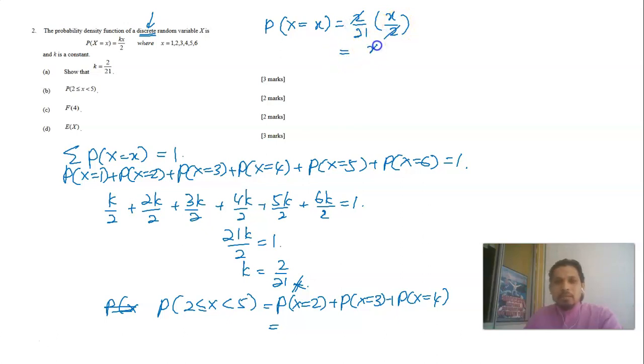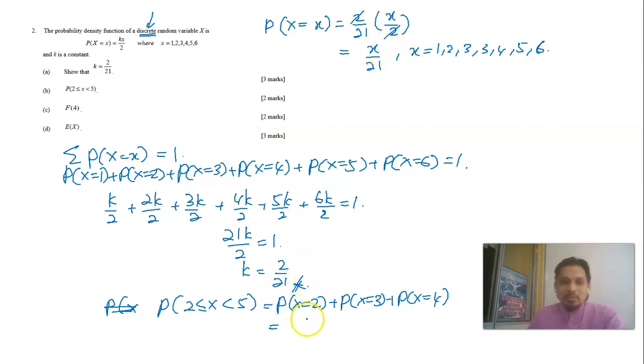So then it is now x over 21 for x equals 1, 2, 3, 4, 5, and 6. So we substitute the value of k, 2 over 21, and x over 2 simplified. So this is the proper equation here now, x over 21.